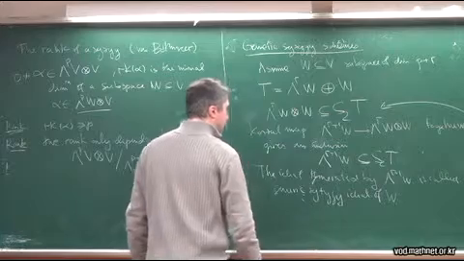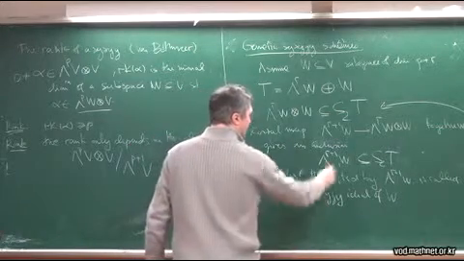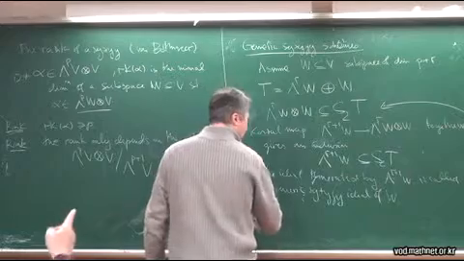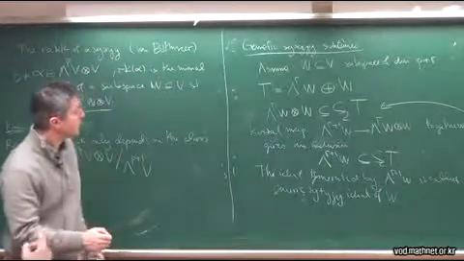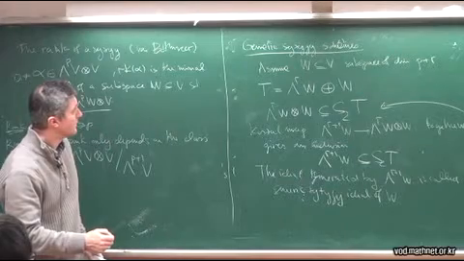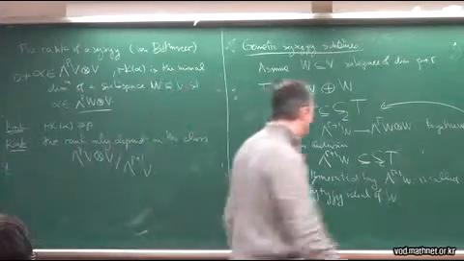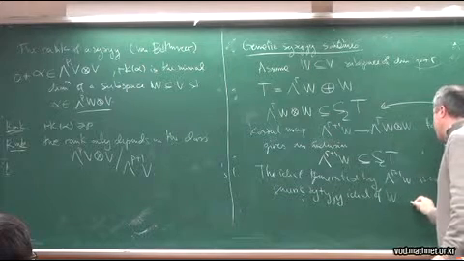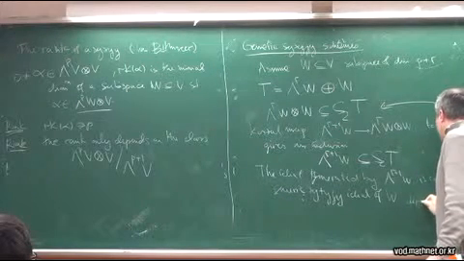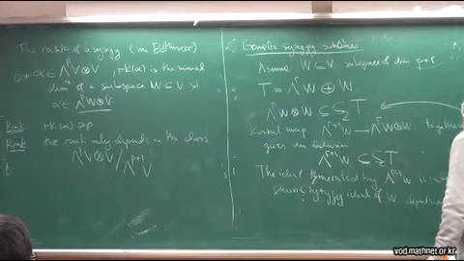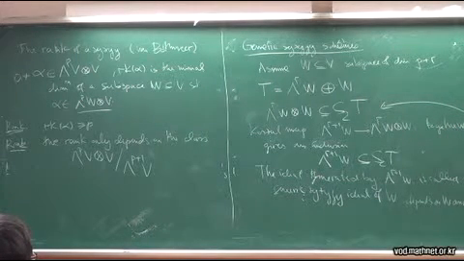And the P and R. Sorry? What's the P dimension of? This is P plus R. Well, this depends on W and R. This only depends on W and R. This is just a convention.